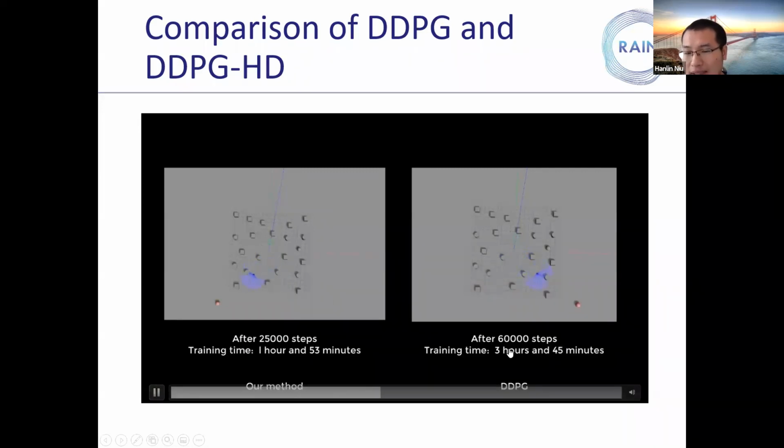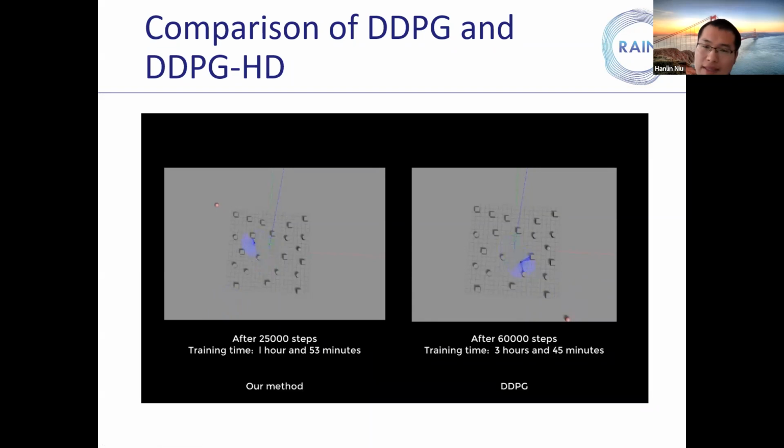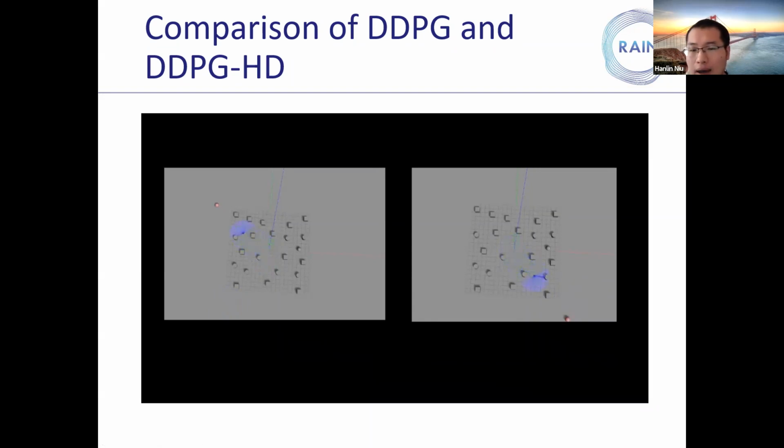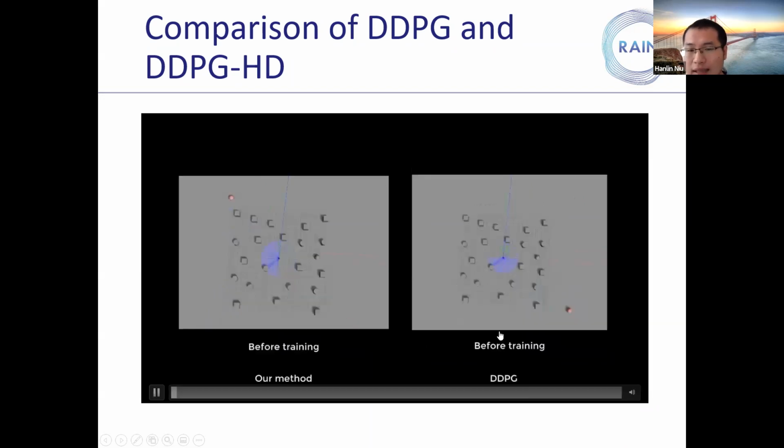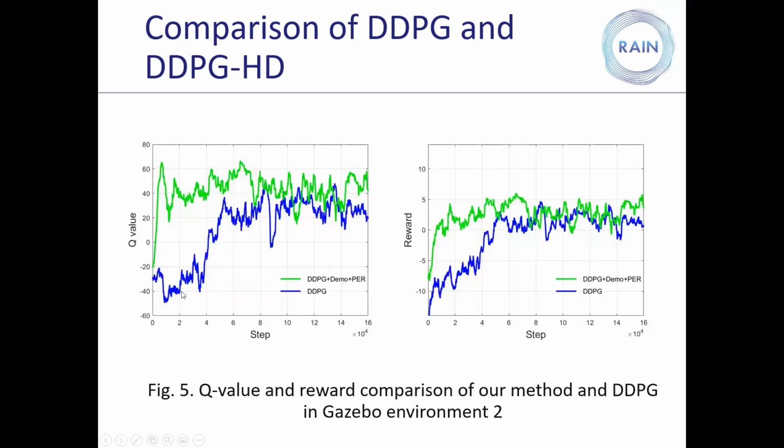But on the right side, with the original DDPG, even after 3 hours and 45 minutes, it still has a collision. So we can say the human data accelerates the training process.